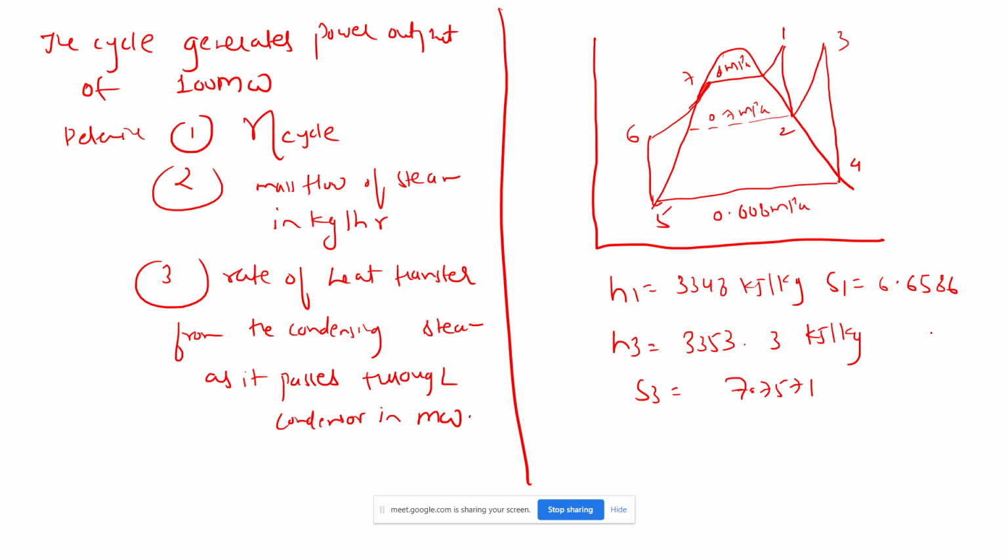I'm not writing the units. They have also mentioned the net power output, which is 100 megawatt. Other points we have to determine. So can you do that, or should I do this problem?